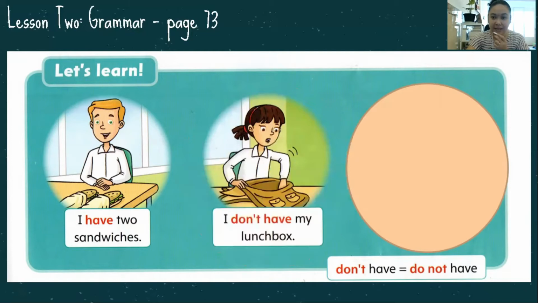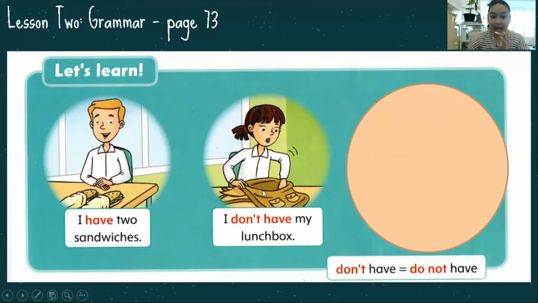This is Rosie. Look at Rosie. Okay, let's read the sentence in the box. I don't have my lunchbox. Rosie doesn't have her lunchbox inside her bag.